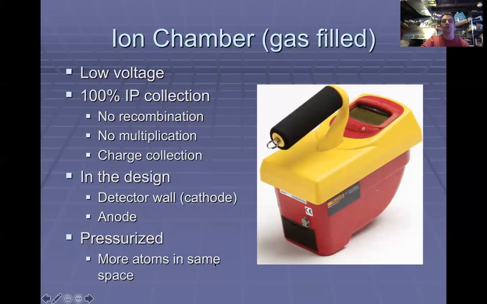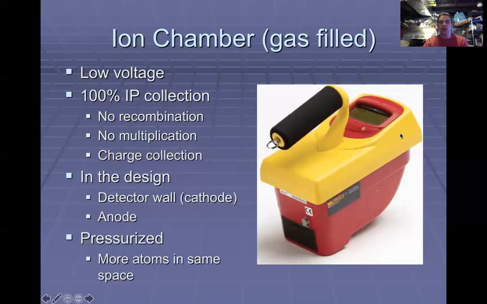So the higher chances of interaction mean that you will see lower levels of ionizing radiation. So some of these are pressurized. Some of them are not pressurized. They're perfectly adequate instruments, but when you want to see that low level that's barely above background, you'd want to use a pressurized ion chamber.